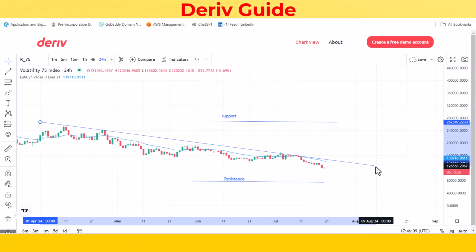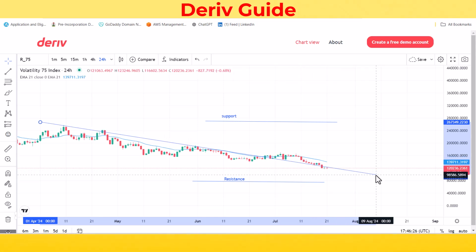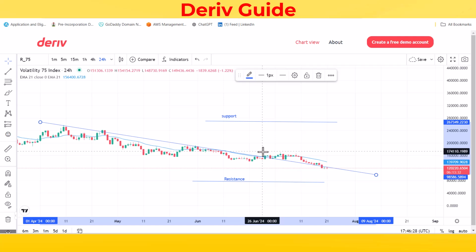Also, I'll try to focus on the place where at least 3 or 4 candle tips touch, right? I don't want to do this one because more candles touch it, because this whole gap here is a lot. You cannot ignore it, right?